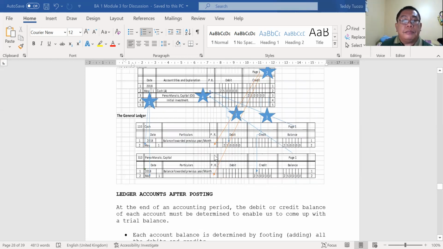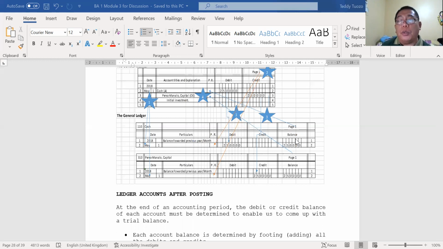So take note, in the general ledger, after each transaction, for example, there is a balance for the previous month, for the month of April. If May is a continuation, there should be a balance forwarded. If the page is already full, there is always a need for you to write a balance forwarded.